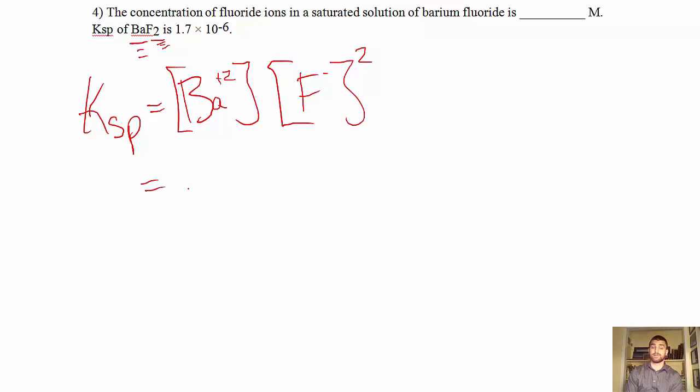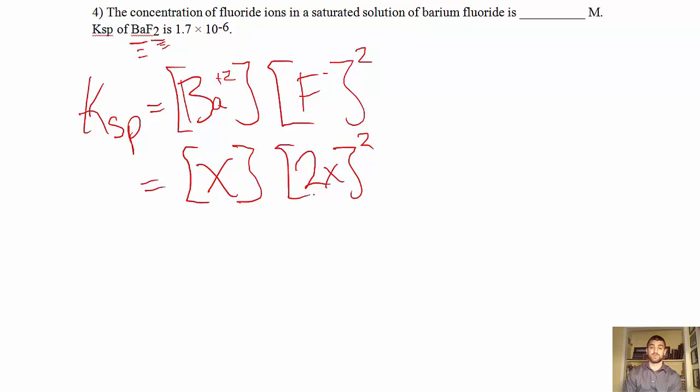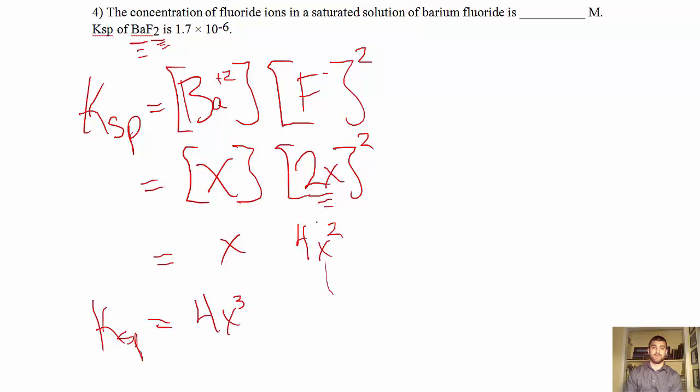So now I go, all right, well, if I'm dissolving X amount of barium fluoride, I'm going to get X amount of barium, and I'm going to get 2X amount of fluoride ion. So now that X is to the first power, and this 2X is squared. So when we square 2X, we end up with 4X squared. We got X there. So we end up getting the KSP equals 4X cubed.